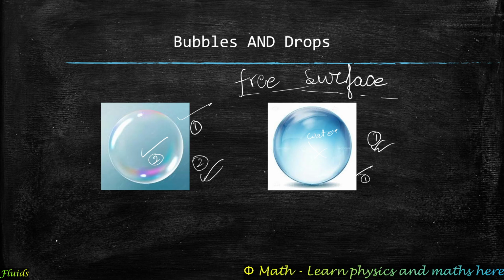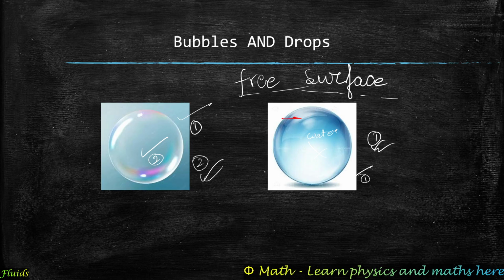So what can we do with this? For this we have a new term named excess pressure. So what is excess pressure? The excess pressure is the additional pressure above atmospheric pressure due to the compression caused by surface tension.